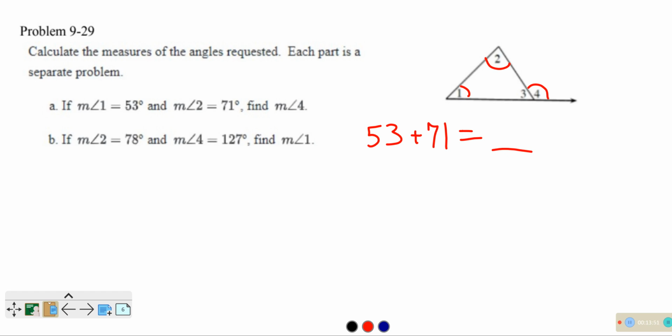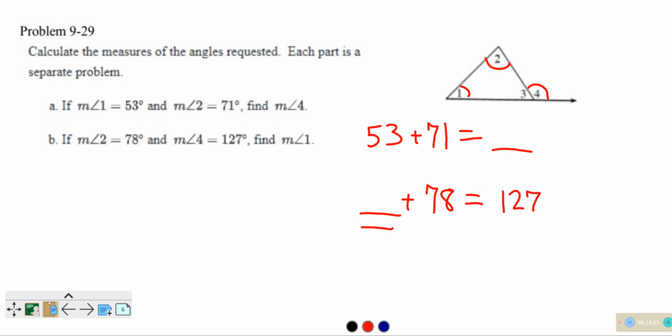In problem letter B, if angle 2 is 78 degrees and angle 4 is 127 degrees, find the measure of angle 1. Notice we have to reverse our thinking.